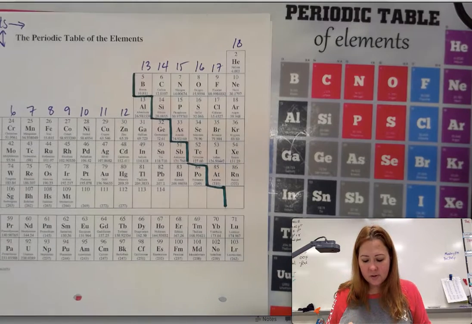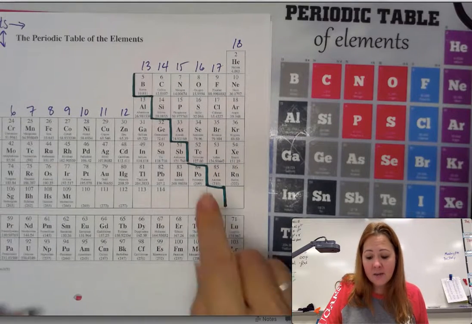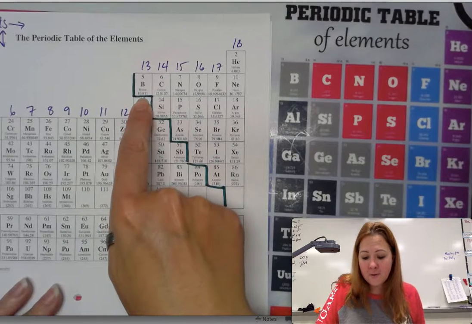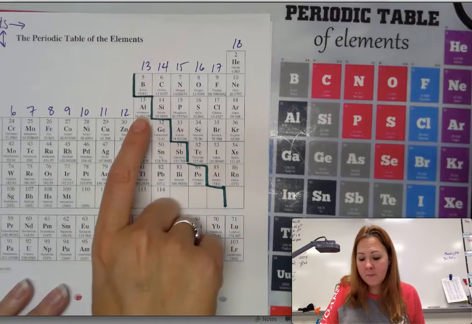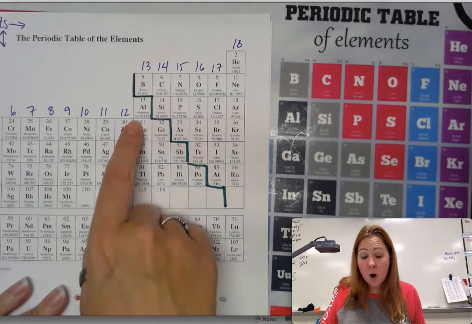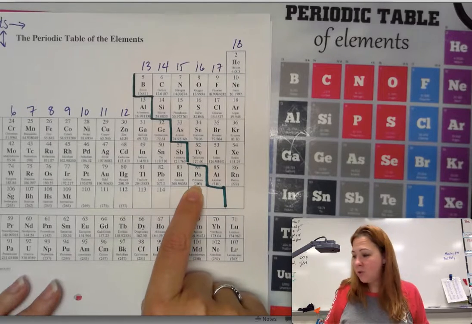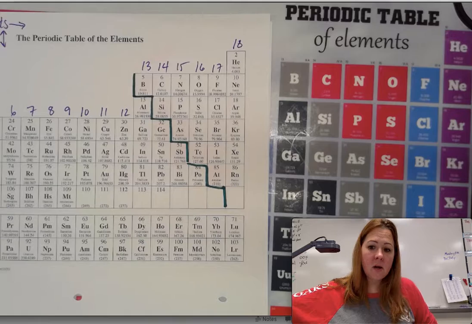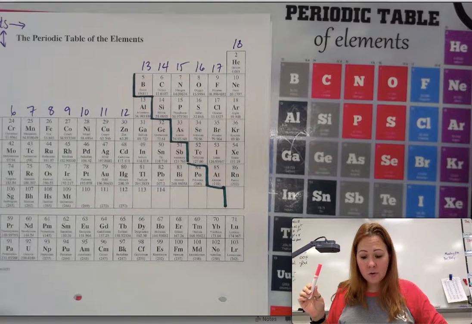So with that stair step line, if an element touches on a full side, so not a corner, but a full side, it's considered to be a metalloid, for everything except aluminum and polonium. Aluminum and polonium are metals. They are not metalloids. So now we're going to take our next color. I'm going to use pink, and I'm going to color in my metalloids.